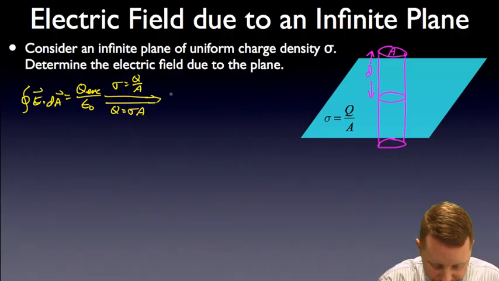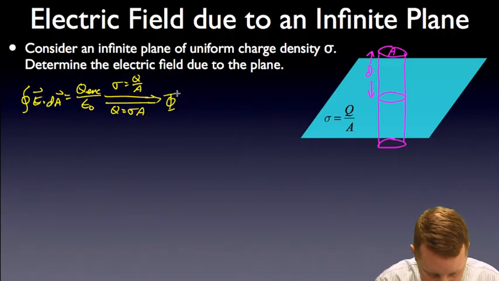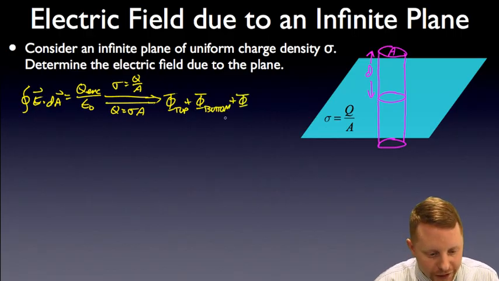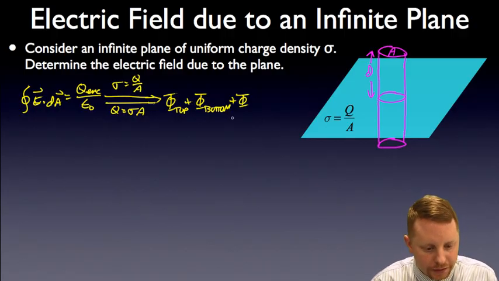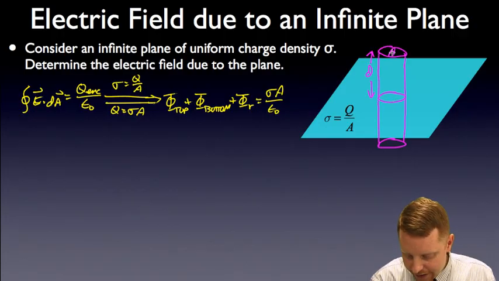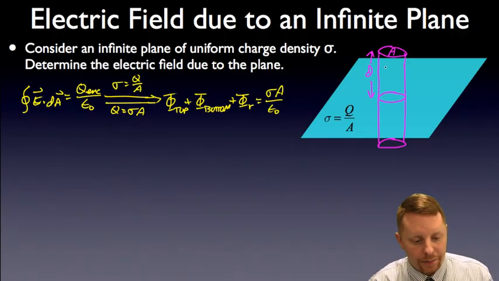So we have the electric flux through the top, plus the electric flux through the bottom, plus the flux through the sides, which I'll call the electric flux, well, E, how about R? And that all must be equal to Q enclosed over epsilon naught, which in this case, Q enclosed is just going to be sigma A over epsilon naught, where A is our area of our cylinder cap.